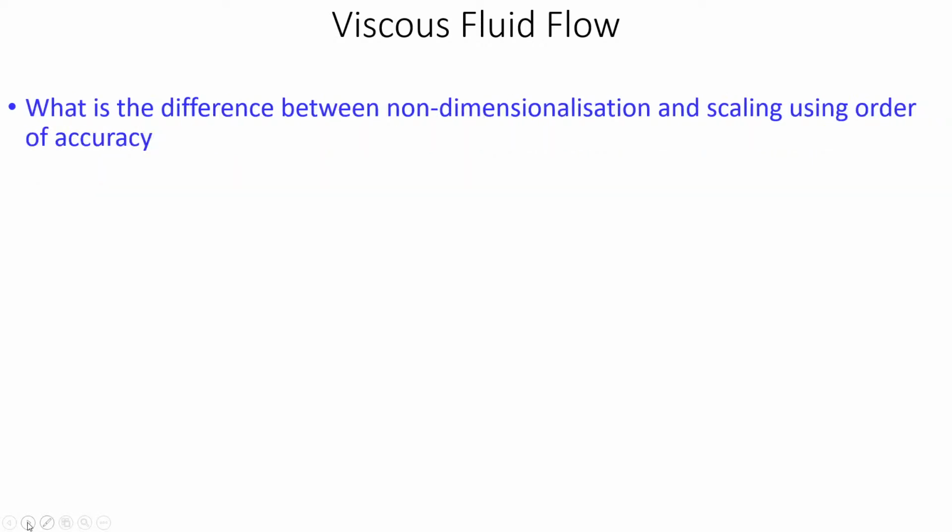Next, another question was asked: what is the difference between non-dimensionalization and scaling using order of magnitude? When we use order of magnitude for scaling, we make an order of magnitude estimate for any quantity, generally for quick theoretical calculation.